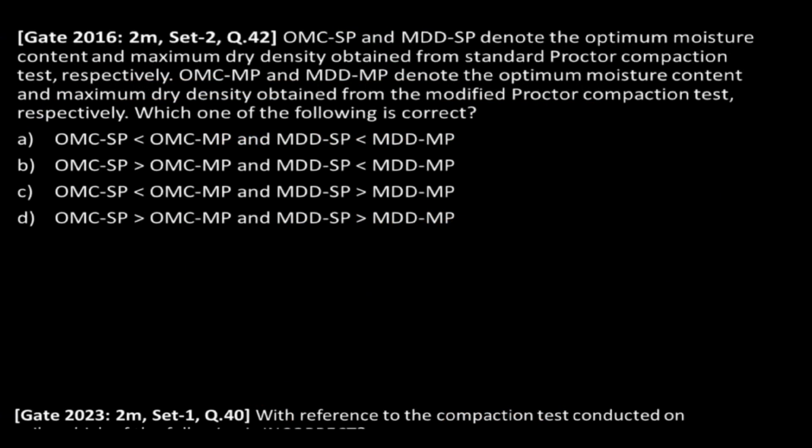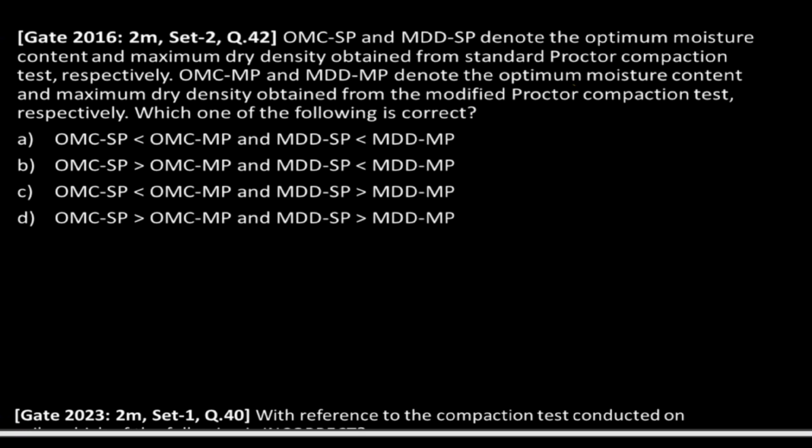Let us solve all these questions at a stretch. So, for the first question, if you see the graph of water content and maximum dry density for standard Proctor test and modified Proctor test, this curve is the standard Proctor test and this curve is the modified Proctor test.